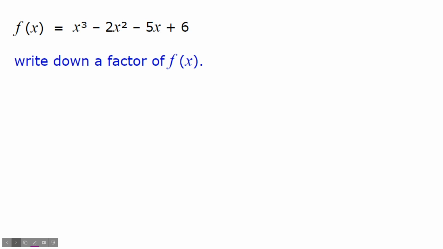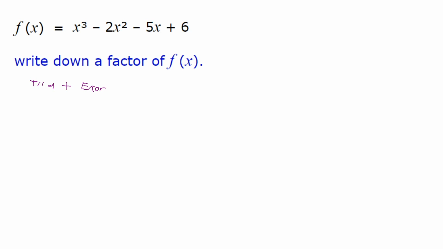But let's look at this example for today. What if we're told nothing about the factor theorem? Well, this time we're going to use trial and error, okay, to work out what one of the roots of x cubed minus 2x squared minus 5x plus 6 is.